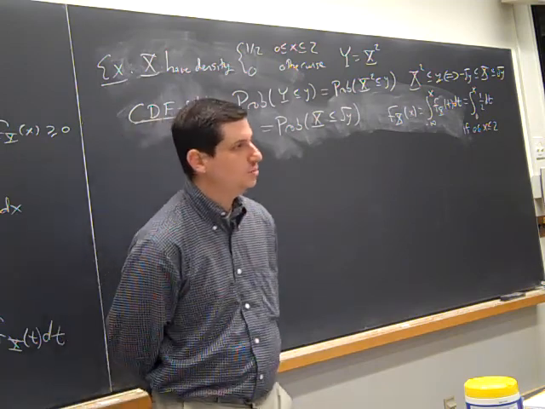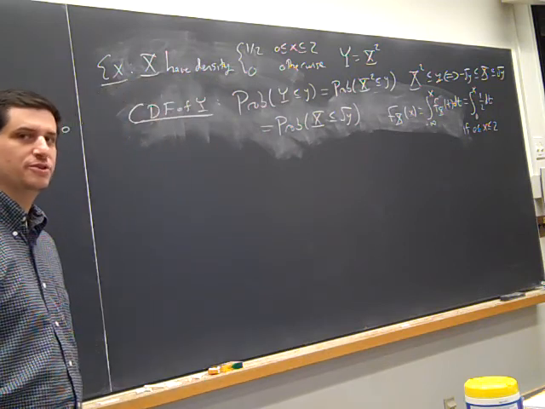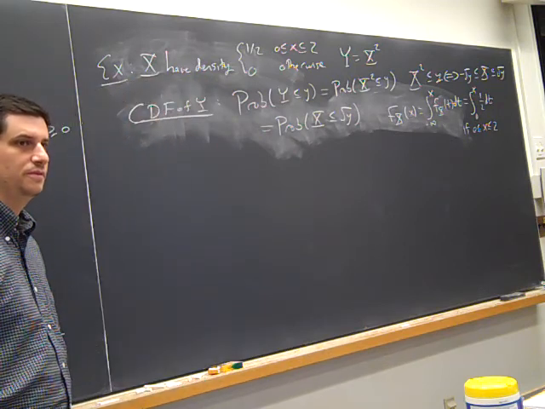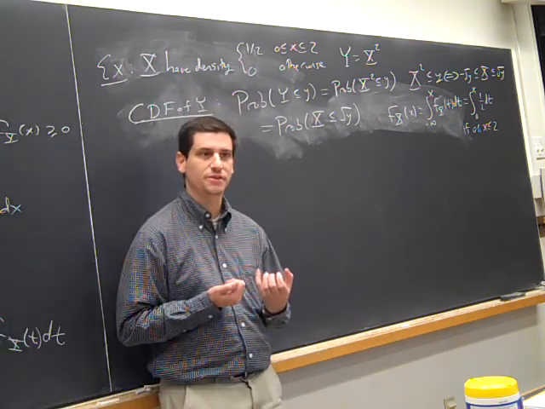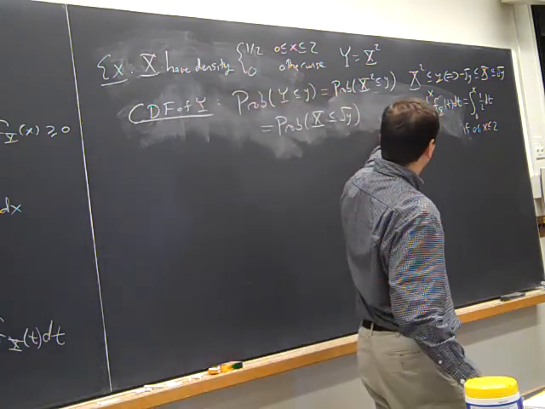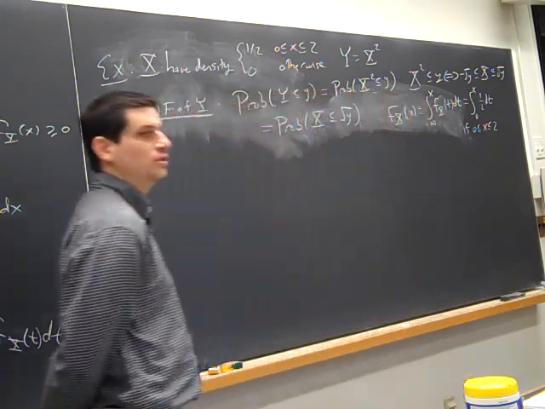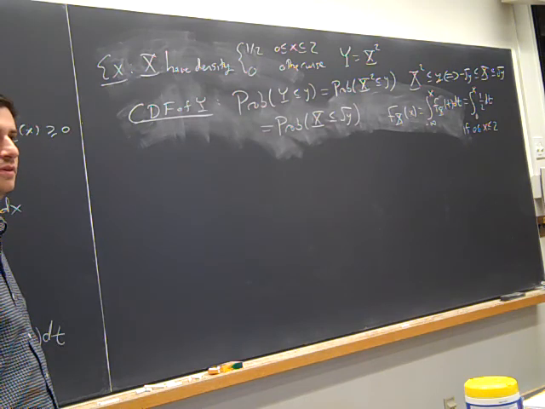We're trying to find the probability density function of y. How do you find the probability density function of y? How do I get my hands on the probability density function of y? Is that a capital F on the left? That is a capital F. So how would I get to the probability density function of big Y?